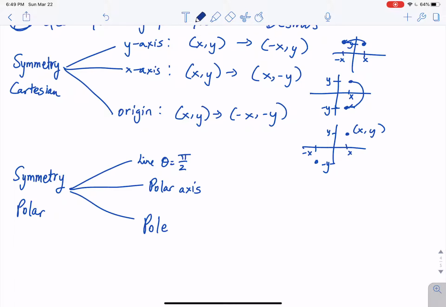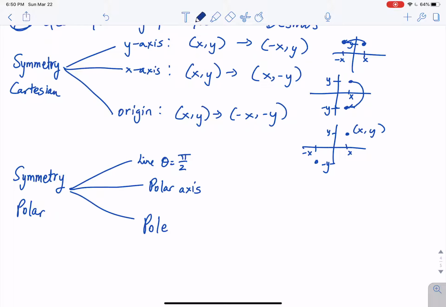The line theta equals pi over 2 is a vertical line going right through the middle, like the y-axis. The polar axis is basically like the x-axis, the line where theta equals 0. And the pole is the origin, the same as origin symmetry.